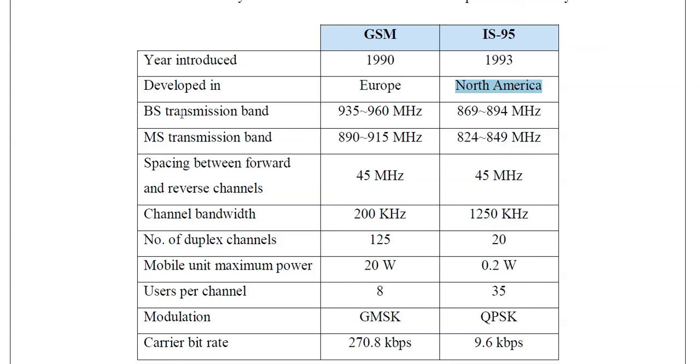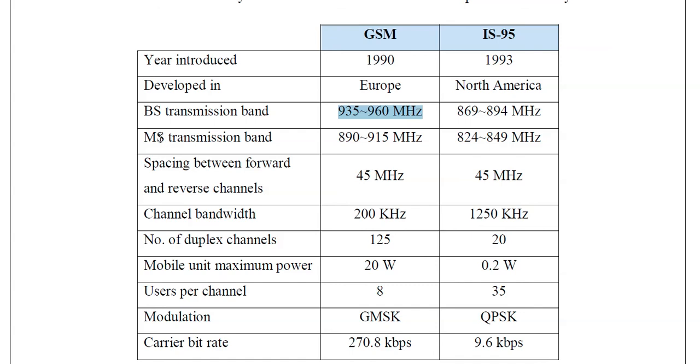GSM used this base station transmission band 935 to 960, while IS uses a little bit less frequency band. It's 869 to 894.